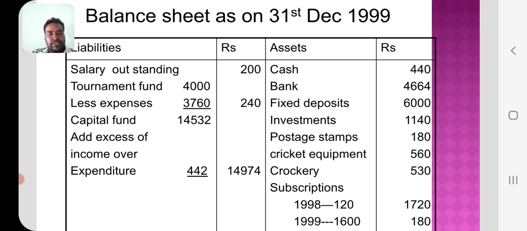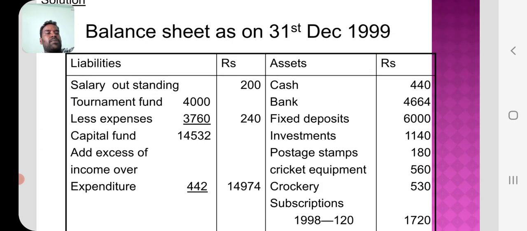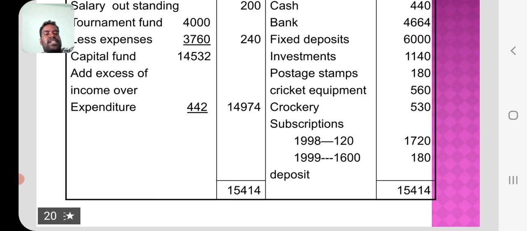If we get expenditure over income, that should be deducted. But here we got excess of income over expenditure, meaning surplus, so we have to add. It is called indirectly profit, and profit is always added to the capital. So here we added 442. So the answer is 14,974.